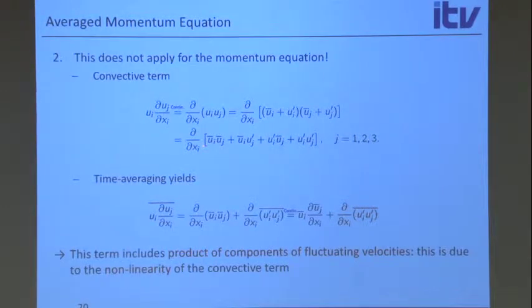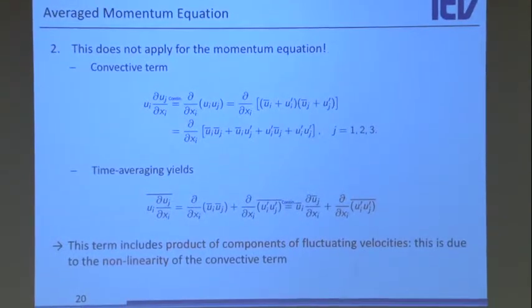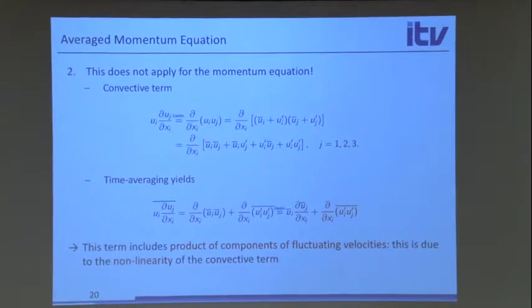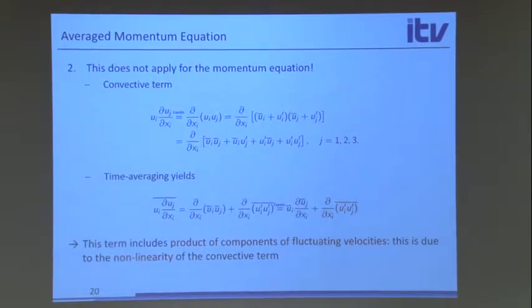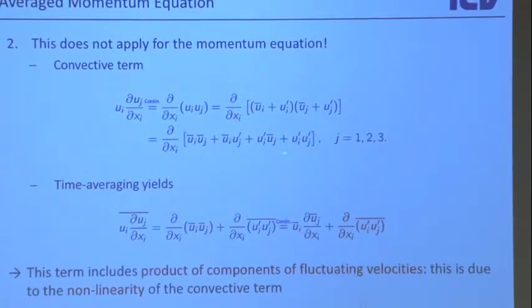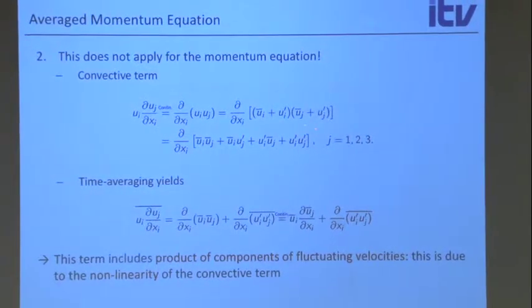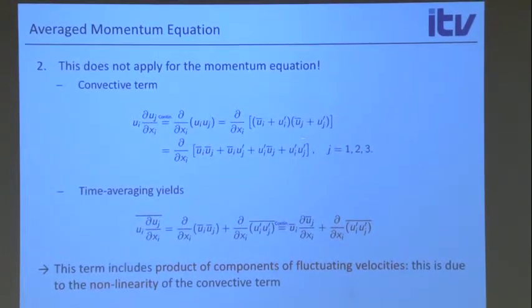The first one is an average already, so it doesn't change. Okay? The last one is just the mean of u_i prime u_j prime. This is a correlation, and the correlation is just like u_i squared. It's not exactly like u_i squared, but if these two are correlated, then the average of this is not 0.